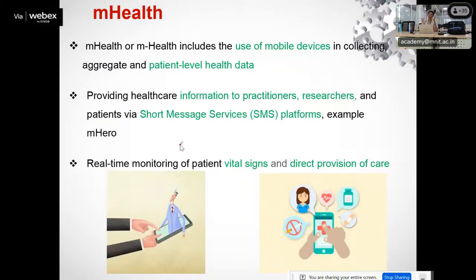Even during COVID, we used the Arogya Setu application. Arogya Setu is nothing but M-Health, where through it I can book my vaccination slot, or have a vaccination certificate, or even figure out how many COVID patients are within a 1 kilometer or 2 kilometer area around me. So that could be possible.